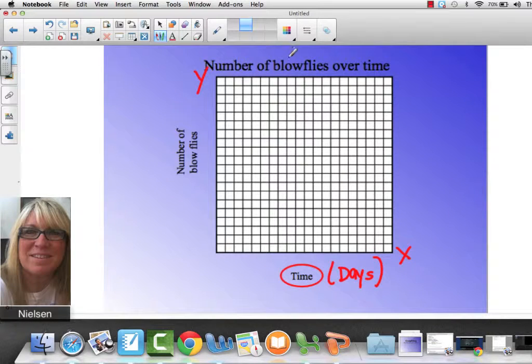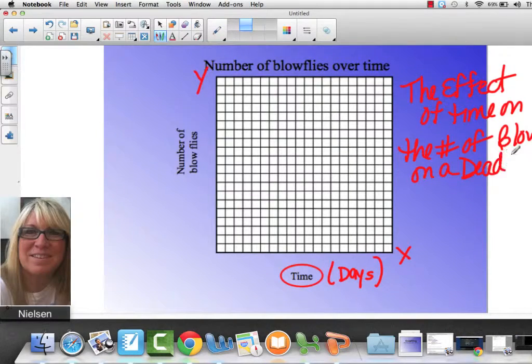And the title could be the number of blowflies over time. Or you could have written this as the effect of time on the number of blowflies on a dead body, if you really wanted to be specific. You can have a long title.